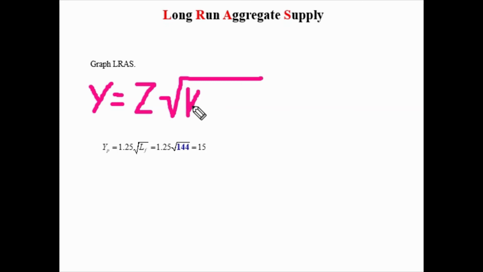You've got to remember the long-run production function was what? The long-run production function was technology and entrepreneurial talent times the square root of capital, resources, and the labor force.